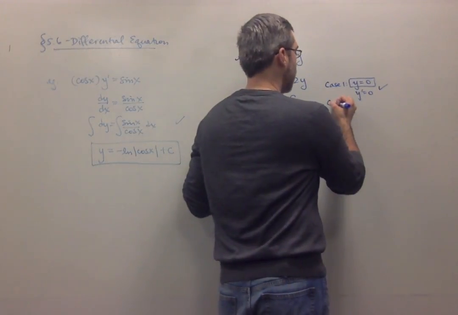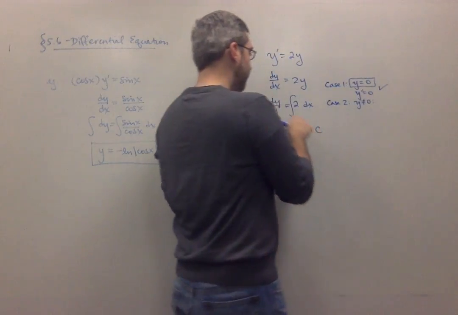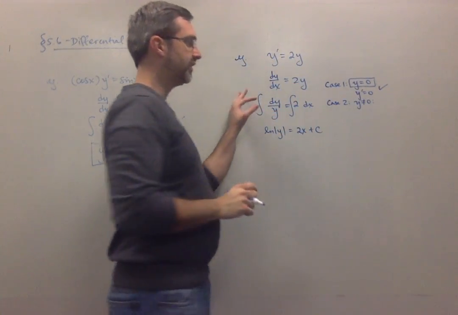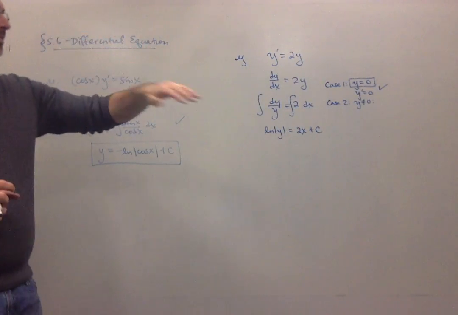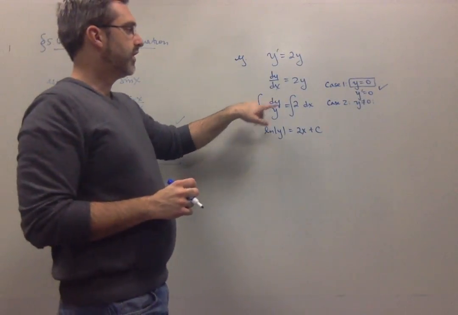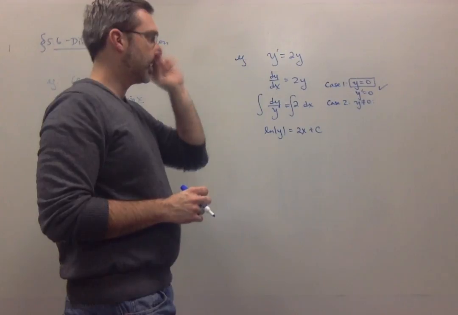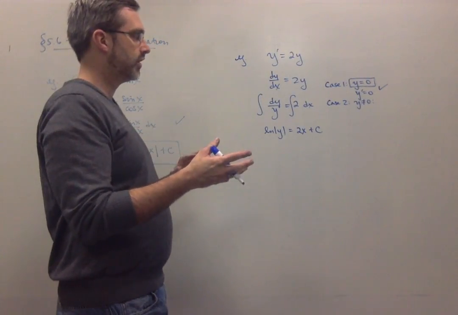When y is not 0, then you can do what I'm about to do here. You can divide by y. You're going to see this happen in a couple of the other examples that we do here. If you want to divide by something, you have to be careful, and you have to take the case when y is 0, and then when y is not 0.